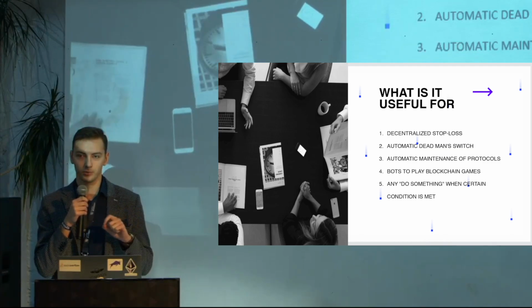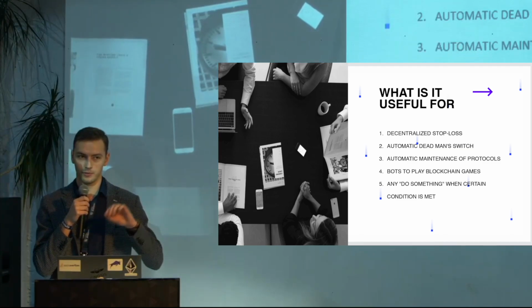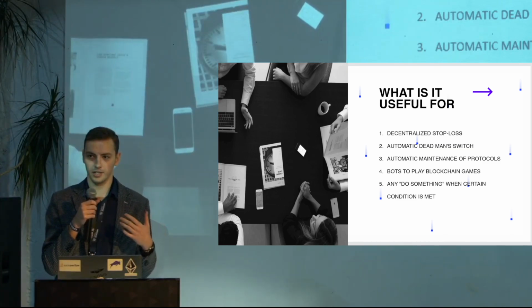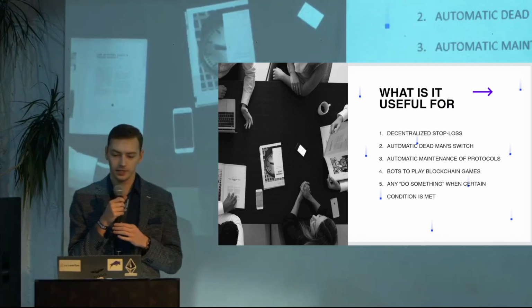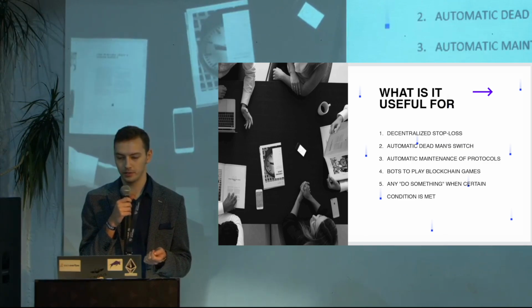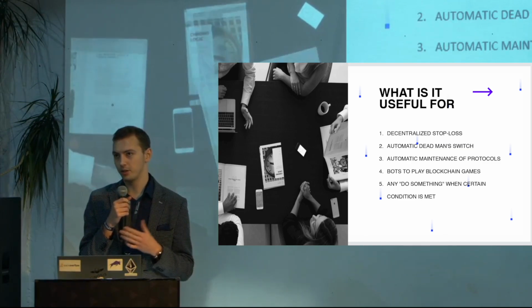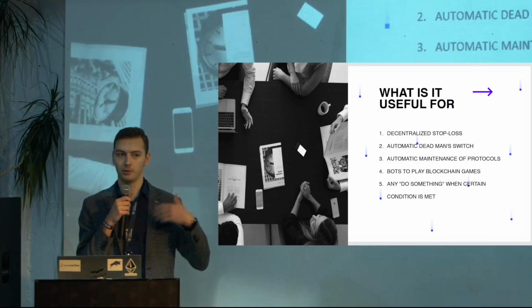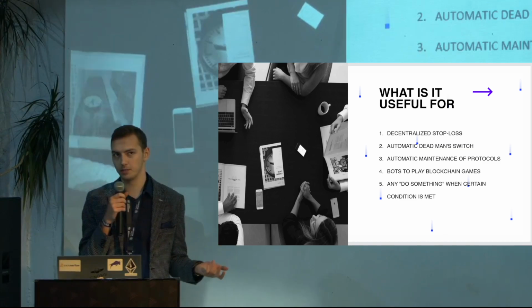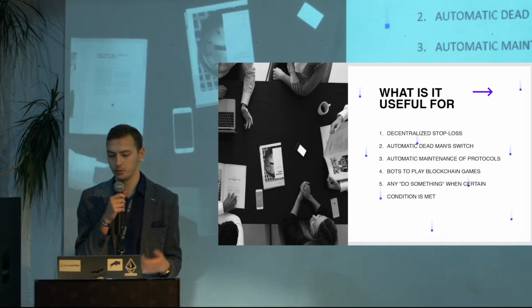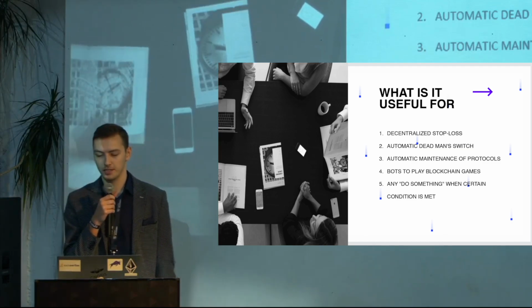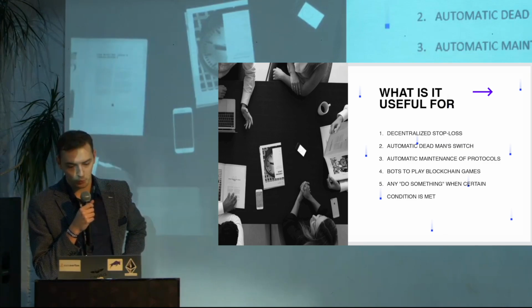So if you lose the keys to your first wallet, you can still restore this money. This could be made automatic with the Chronos protocol, because you can create an on-chain condition for it, and it's going to be called automatically. So even if you forget about it, because it can be 10 years, this dead man's switch will work. You will get your funds.